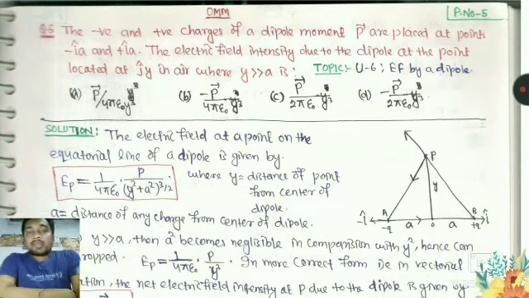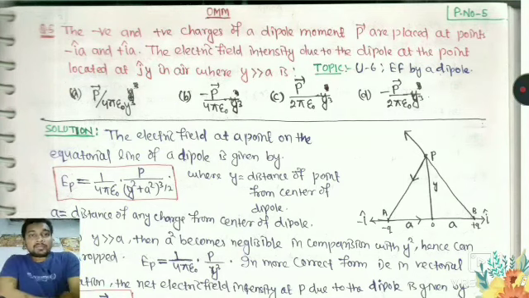We know that the electric field at a point on the equatorial line of a dipole is given by 1 by 4 pi epsilon naught, P by (y square plus a square) whole to the 3 by 2. Here a is the distance of either charge, minus q or plus q, from the center of the dipole, and y is the distance of the point of observation from the center of the dipole.